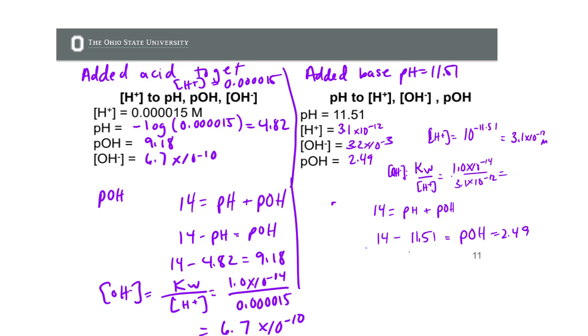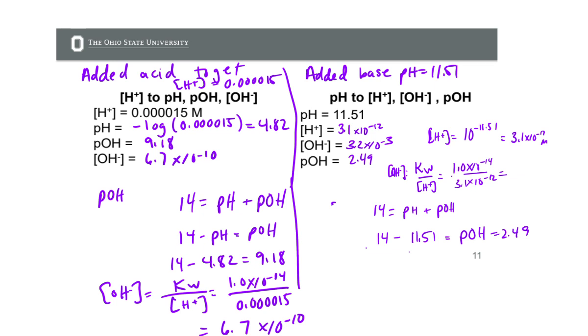Looking at these numbers, on the left side we have an acidic solution, with a pH of 4.82. On the right side, we have a basic solution with a pH of 11.51. When we think about the definition of pH and pOH, they're effectively telling us the concentrations. The bigger the concentration, the smaller the value of pOH or pH.